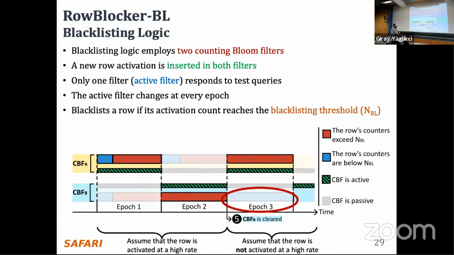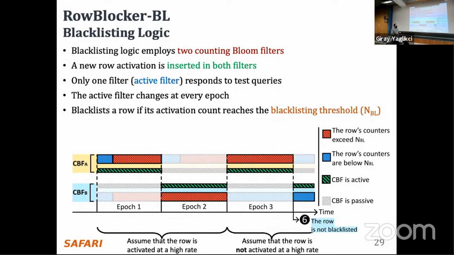Remember we assumed that the row is not activated at a high rate in epoch 3. So CBFB's counters do not exceed the blacklisting threshold until the end of epoch 3, even though the row is blacklisted during epoch 3.